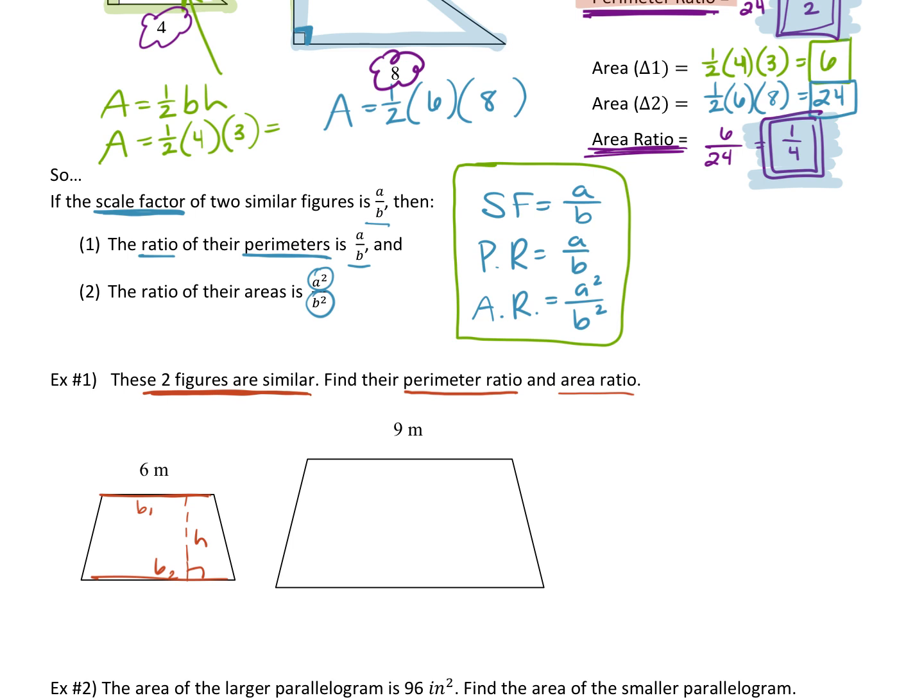So, we're not going to do like stupid math? You're not going to do the formulas right now. You're not going to plug into an area formula. You're going to just use what we know.